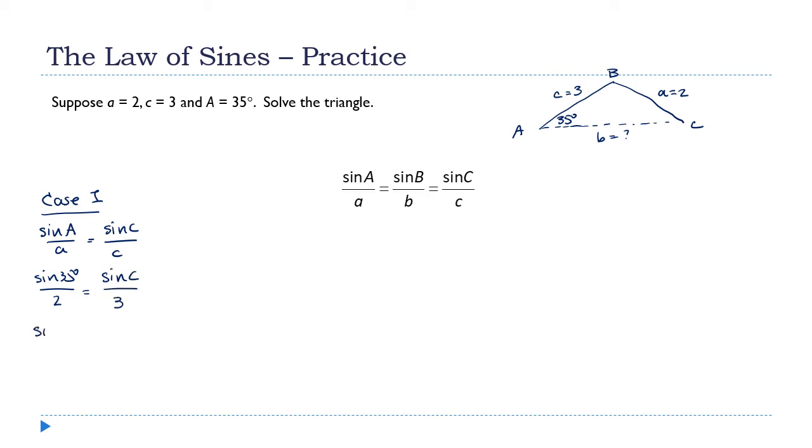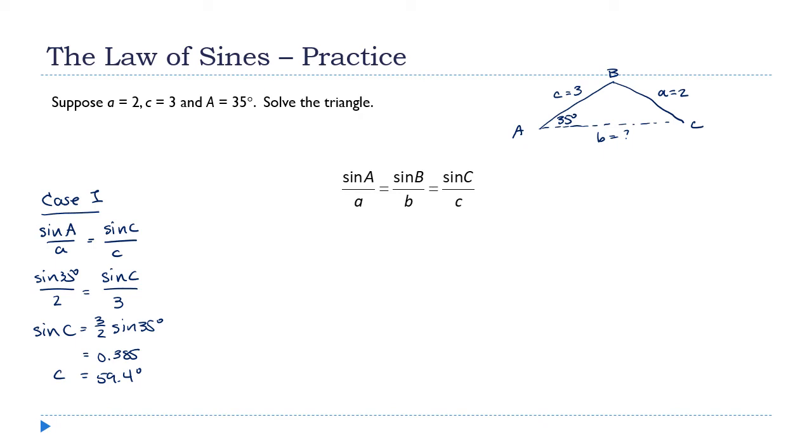So the sine of C equals 3/2 sine of 35, which is 0.385, which means angle C, do the inverse sine of both sides, is 59.4 degrees. Okay, excellent. That's angle C.